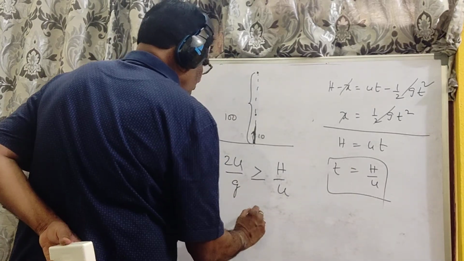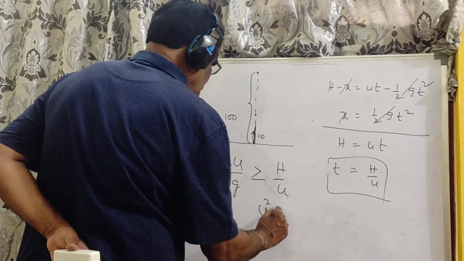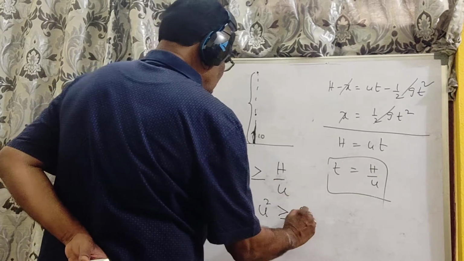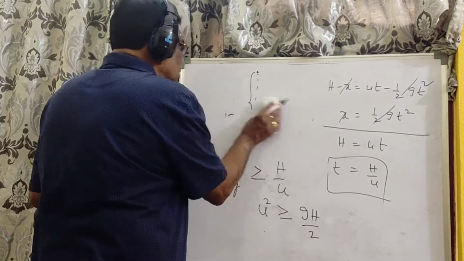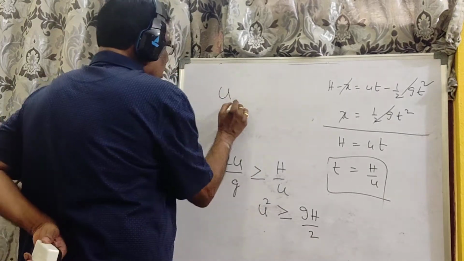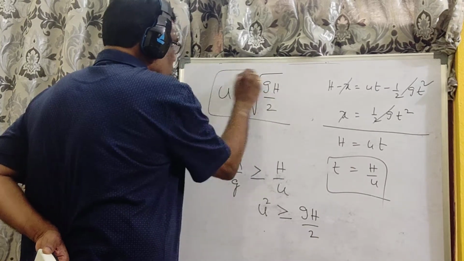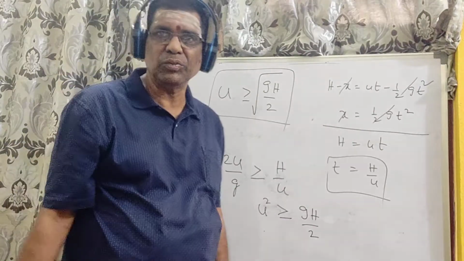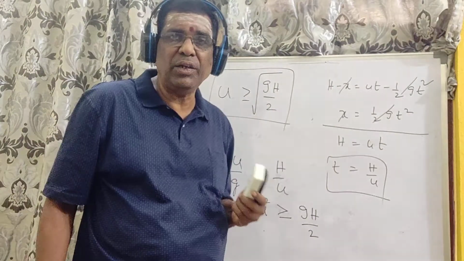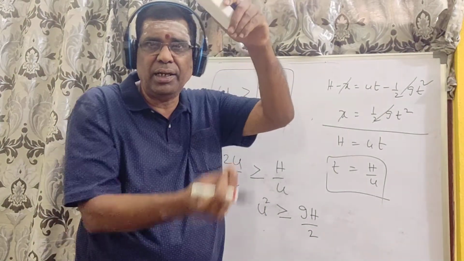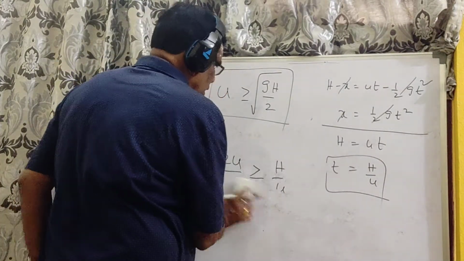Or you can write it as u square must be greater than or equal to gh by 2, or u must be greater than or equal to under root gh by 2, is the first condition. If this condition is satisfied, then the bodies would definitely collide above the ground. Okay? That is the first condition that we have.